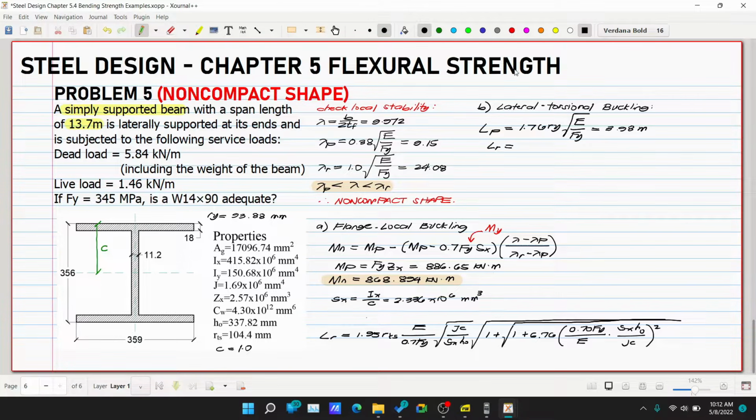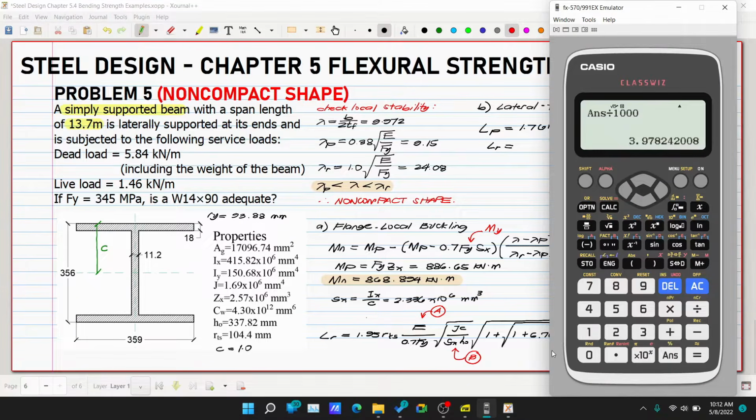Ayan. So, ang gawin natin, ito yung ating alpha A. Ito naman, yung nasa loob, is gawin natin alpha B. Okay. So, E natin, 200,000 over 0.7 of Fy, 345.